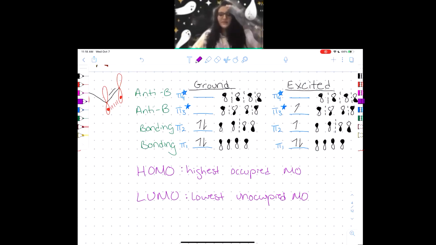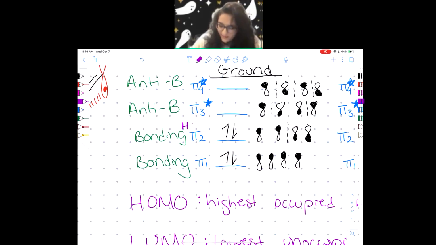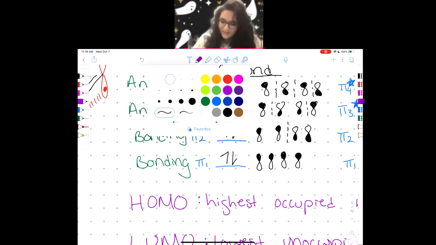So in the ground state example, which one, pi 1, 2, 3, or 4, is going to be the HOMO? 2. Awesome. So I'm going to write it right here. And so which one is going to be the LUMO? I actually decided that looked ugly, so I'm going to write it on the left side. 3, exactly.